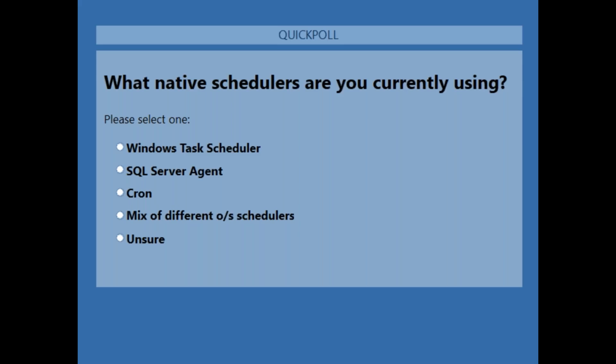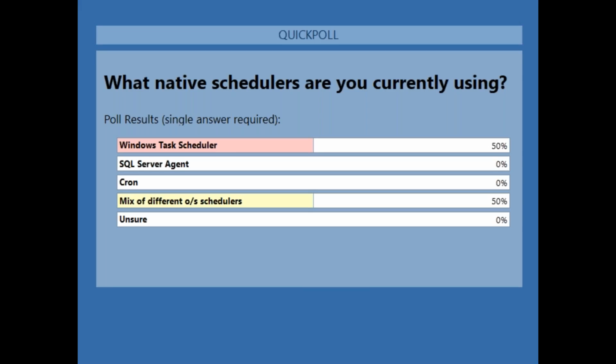Wow, the answers are coming in fast and furious. I'm guessing most of you are using more than one. All right, it looks like the responses have slowed down a little bit. And just as I figured, most of you are using a mix of operating system schedulers.